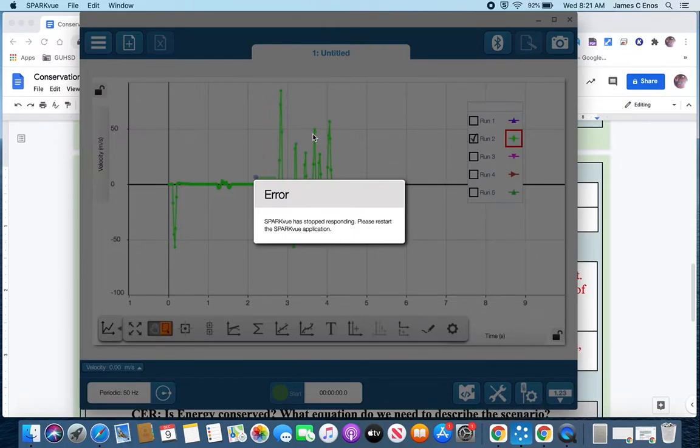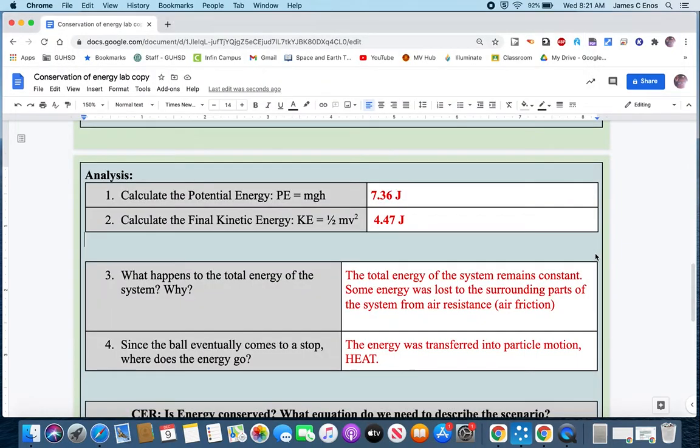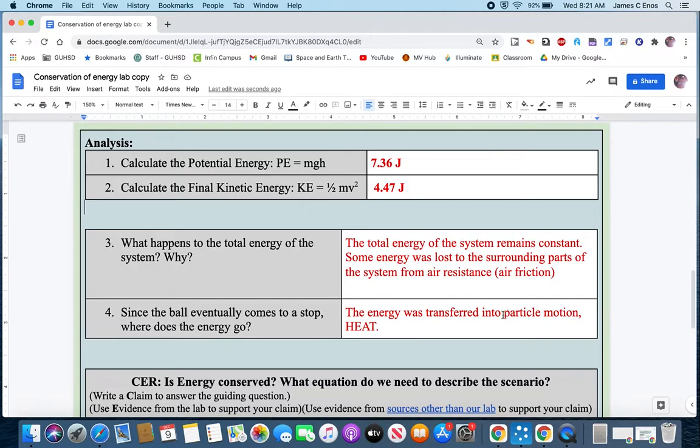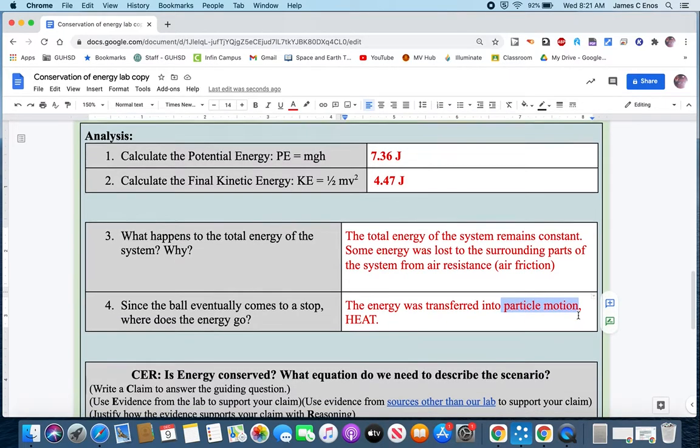If you see the graph here, the motion sensor even picked up some of the motion in the metal grate. So that metal grate was vibrating, and that vibration is some of that energy that's transferred. So this energy went into the external parts of the system, this particle motion. While the particle motion can be called heat, it's also going to be called this E_int, that internal energy of the system.